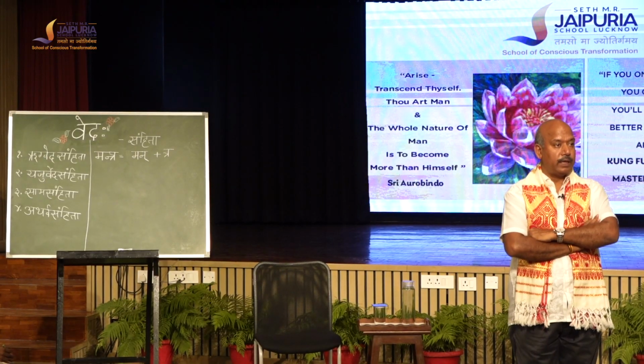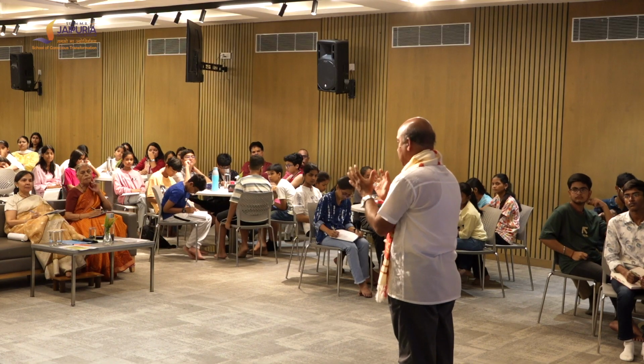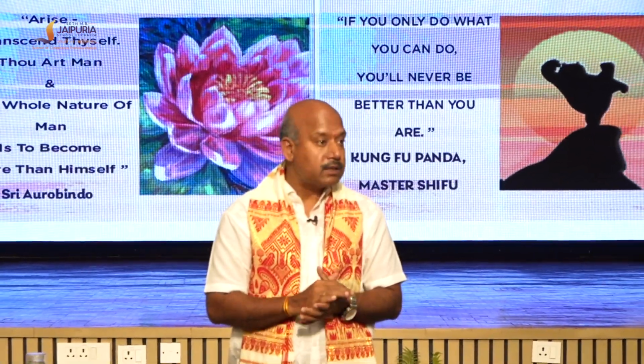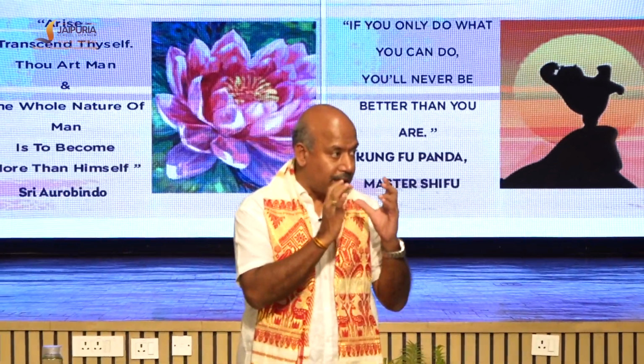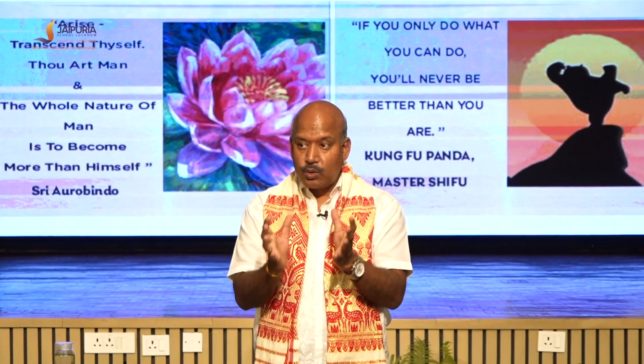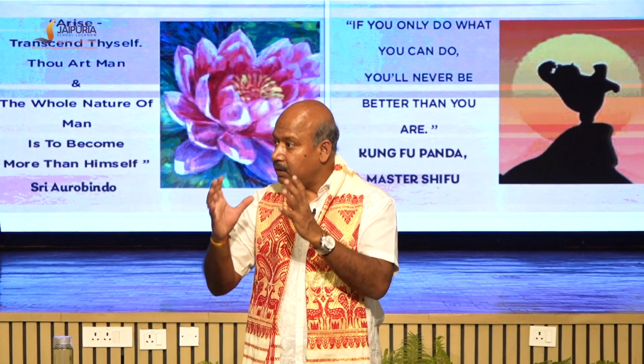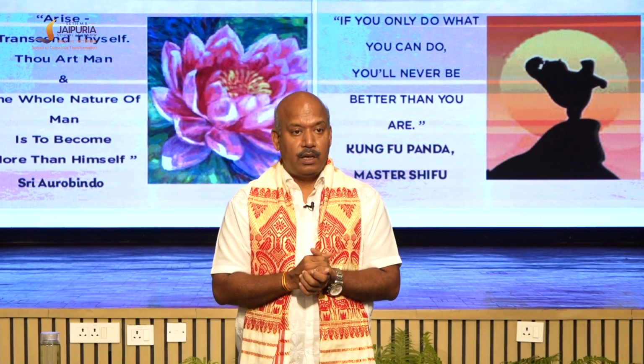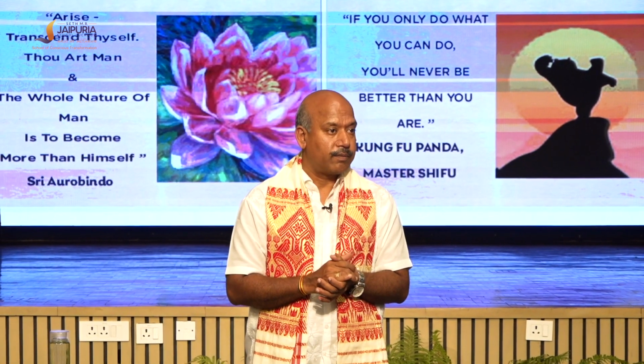So for example, the vessel is called patra. Why is it called patra? Pa means to drink. So it's a tool, it's a means, it's an instrument you use for drinking. Patra. Right? You have the word chhatra.